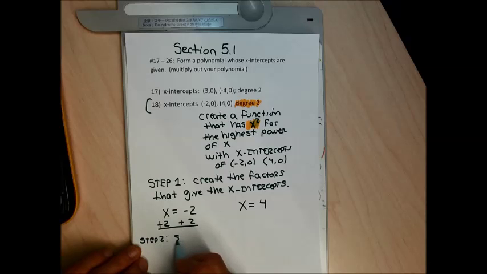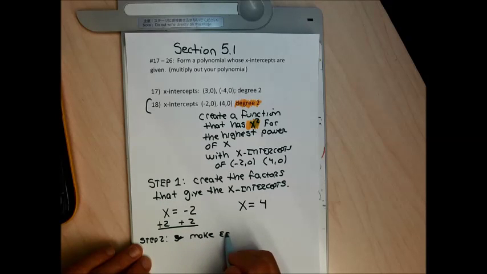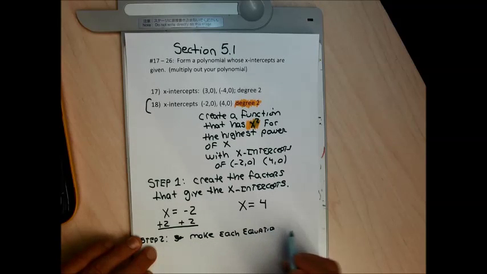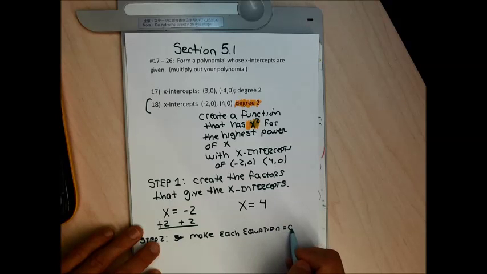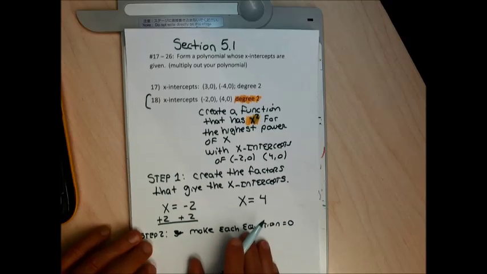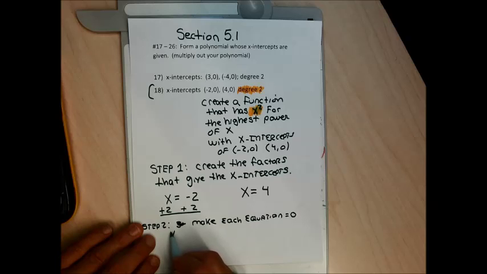So second, I'm going to make each equation equal to 0. For the left equation, I'd add 2 to both sides and get x plus 2 equal to 0.